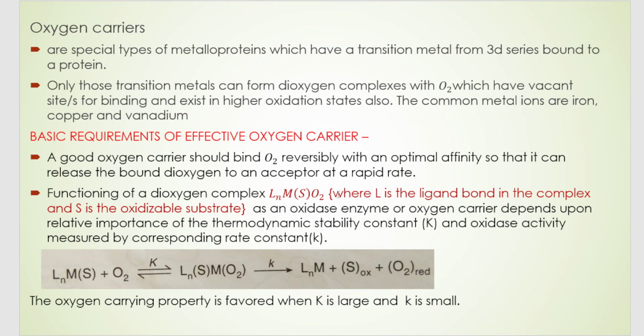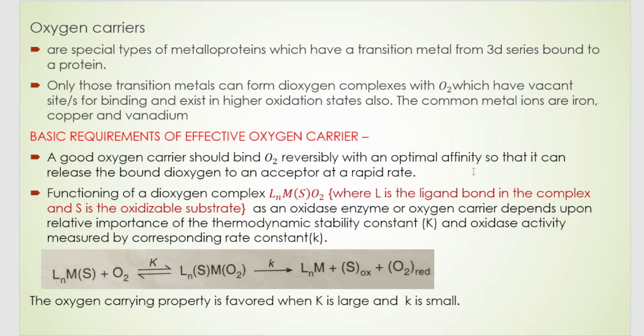Next, a very important question: what are the basic requirements of an effective oxygen carrier? If I want a good oxygen carrier, what requirements should it have? First, a good oxygen carrier should bind to oxygen reversibly with optimal affinity so that it can release the bound dioxygen to an acceptor at a rapid rate.